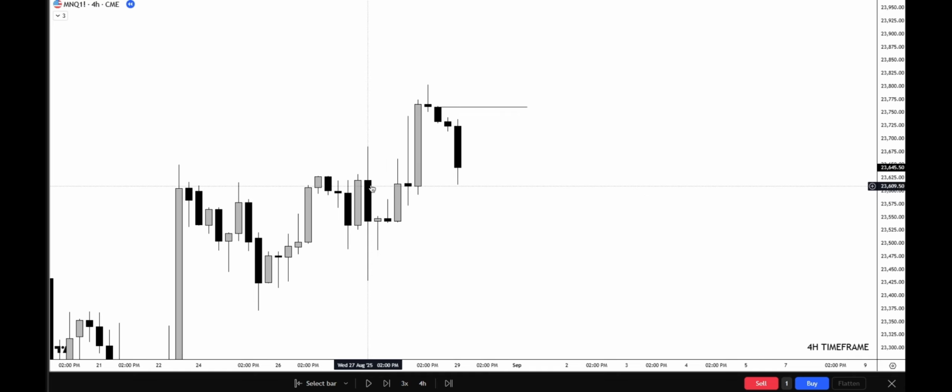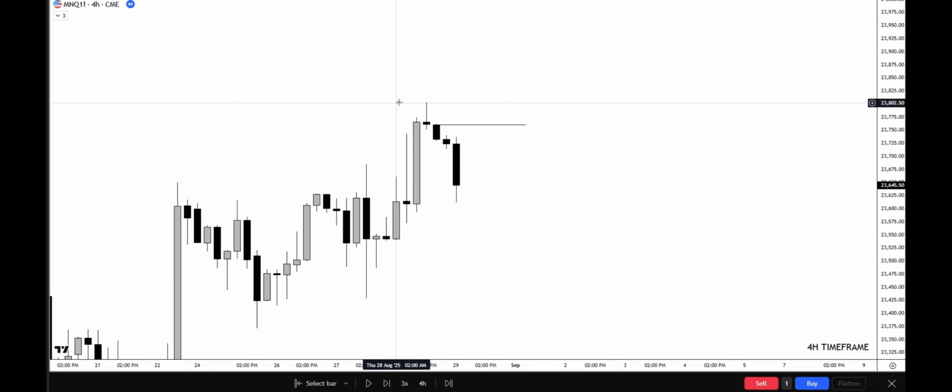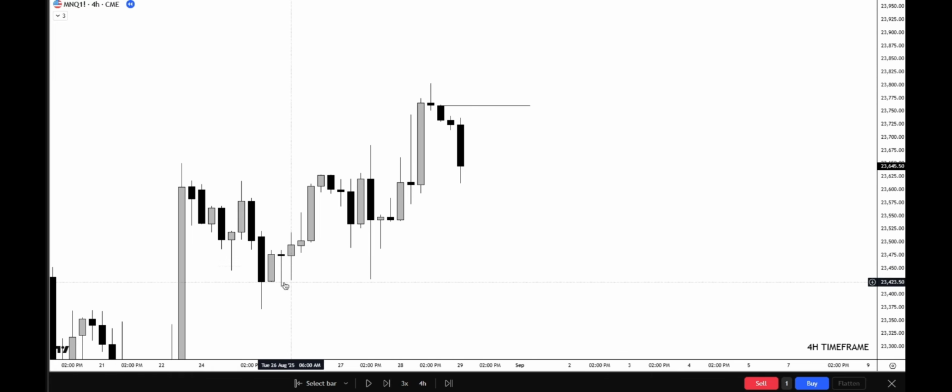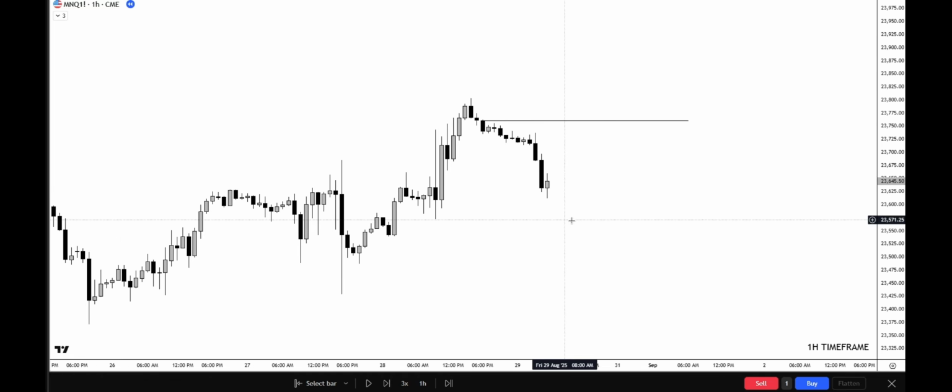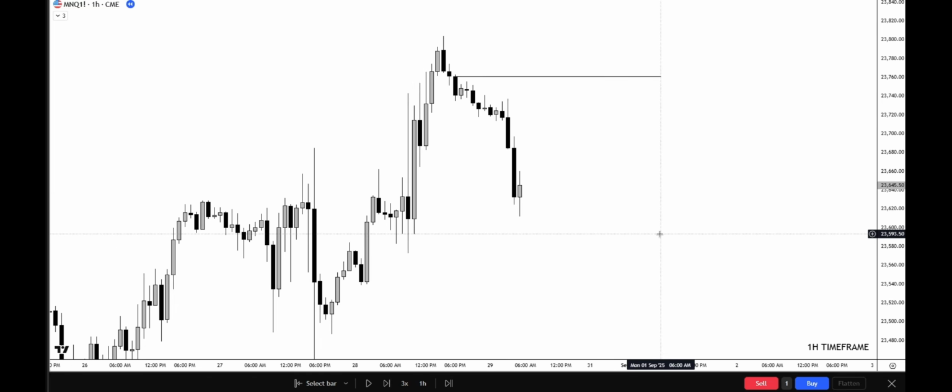Either we can sweep this low resistance liquidity that we have here, but by this data, you see price is already in its trend of buy side. I cannot anticipate an instant move towards the downside. I need to see some internal structures as well. So if I drop down to the 1 hour time frame, what I can possibly see is that we are just chopping here.